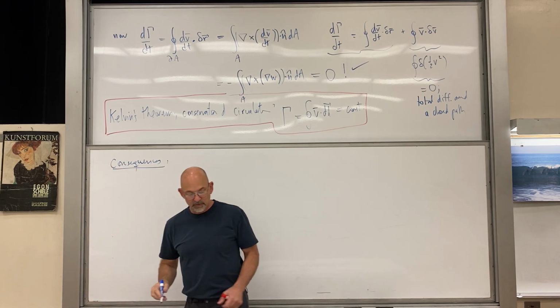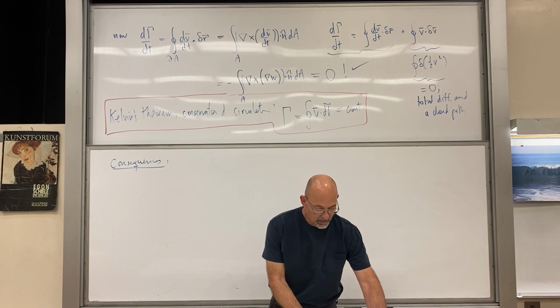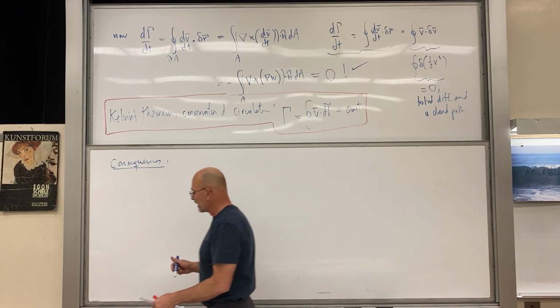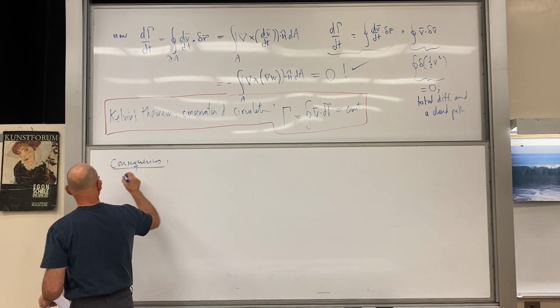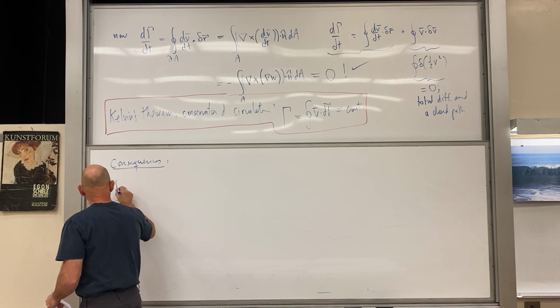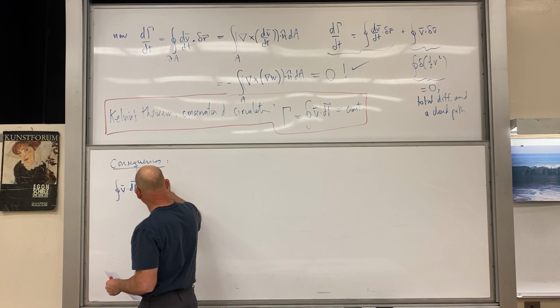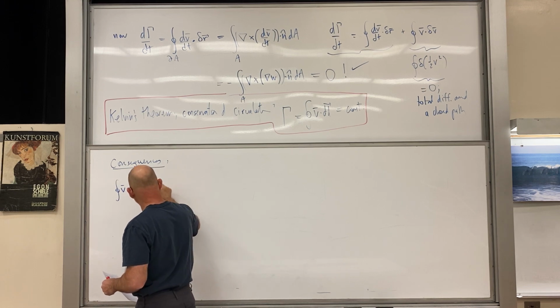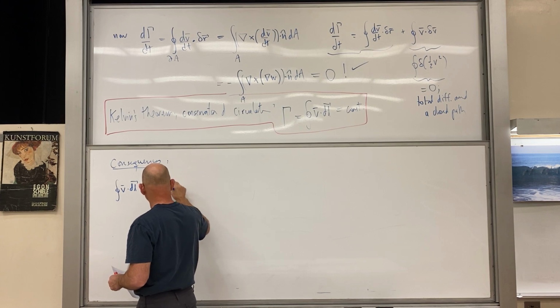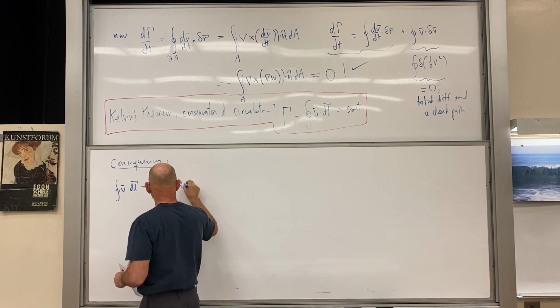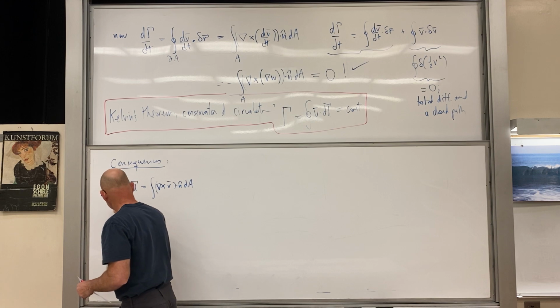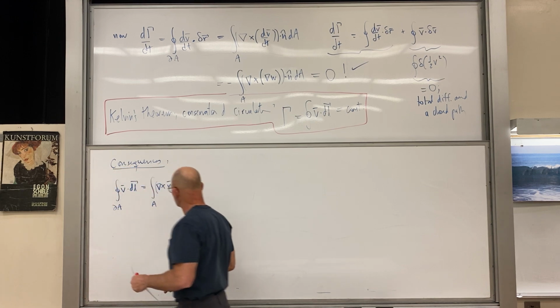And the first one I'll just write down as an approximation. So we, of course, have this V dot dl being equal to the curl dot n hat dA, like that.